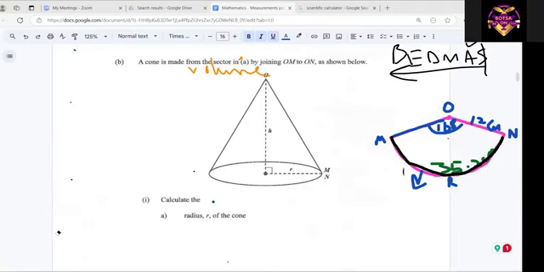We definitely need that height because the volume of a cone will include that height.